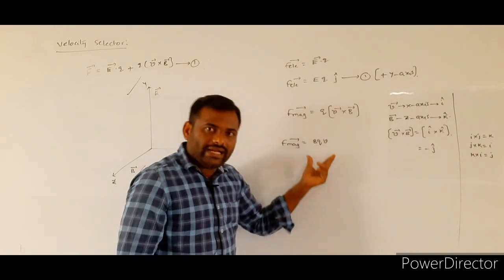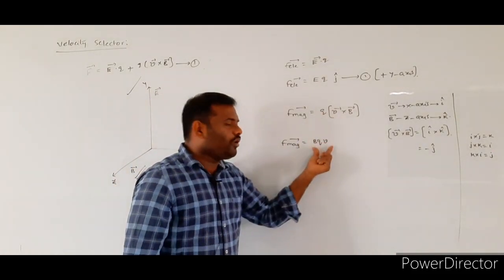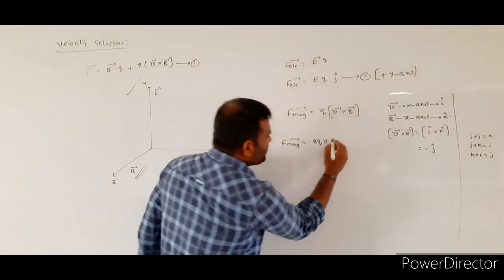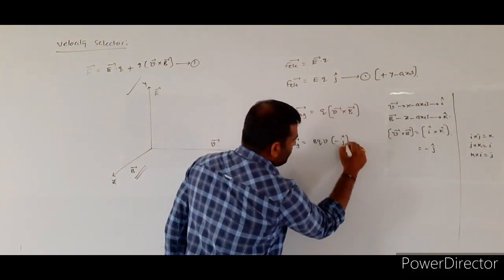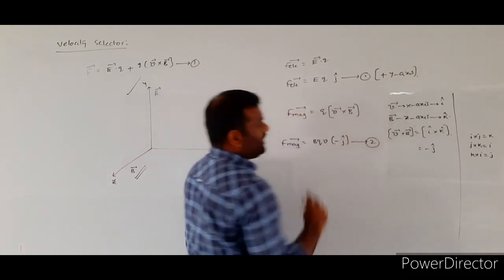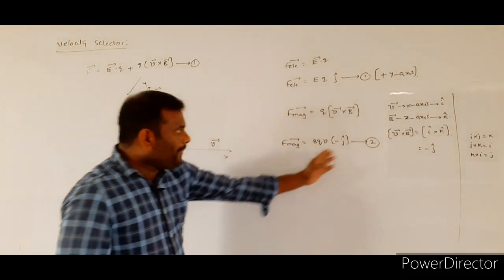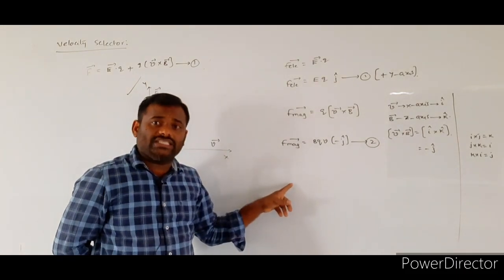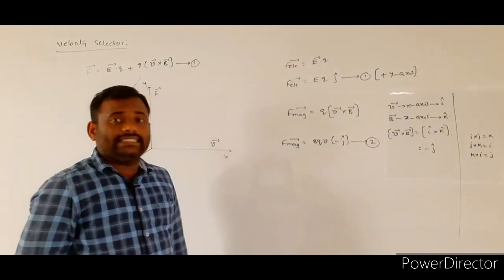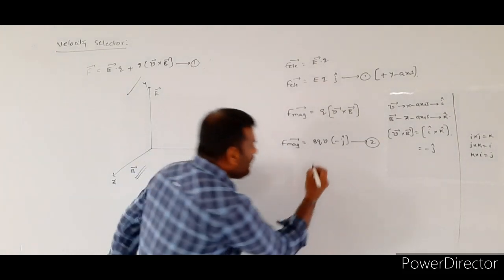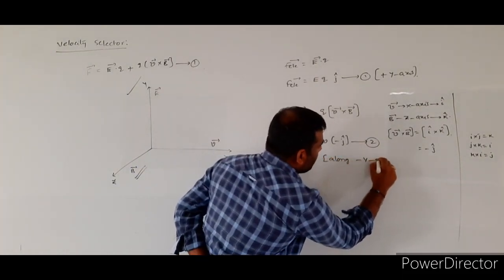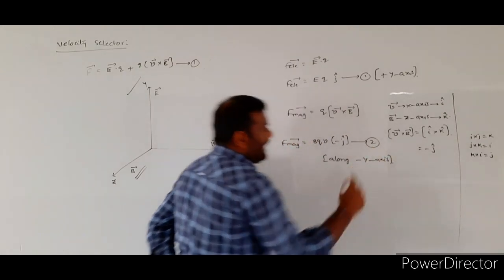So the magnitude is BQV, and its direction is minus J cap. Minus J cap means the force exerted by the magnetic field will be acting along the negative y-axis.